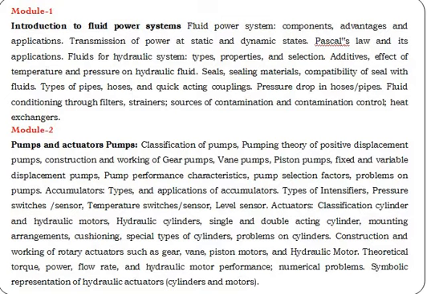Actuators: classification of the cylinders and hydraulic motors. Hydraulic cylinders include single acting cylinders and double acting cylinders. Mounting arrangements. We study problems on cylinders, and construction and working of the rotary actuators such as gear, vane, piston pump and hydraulic motor.